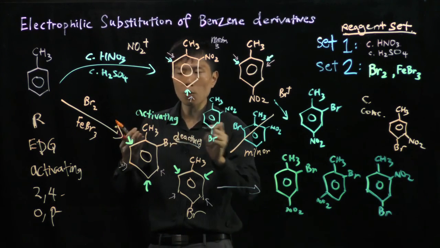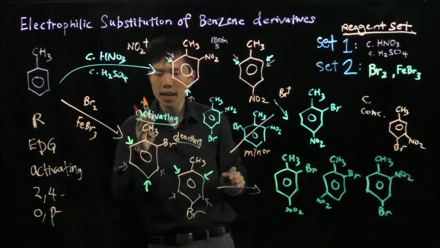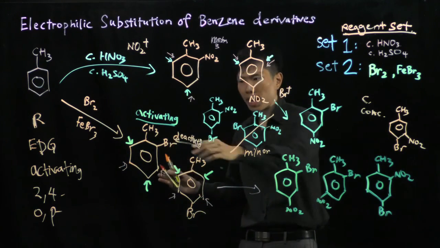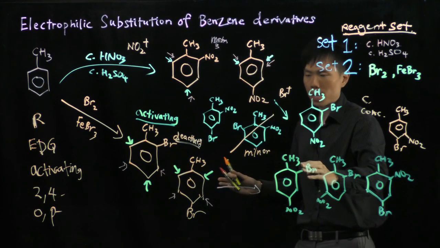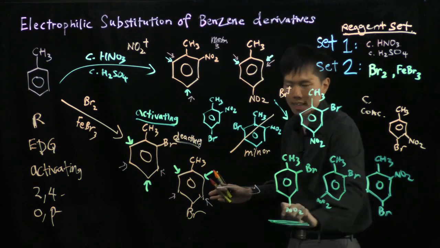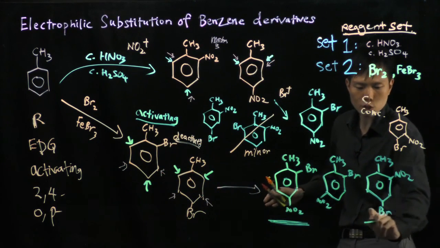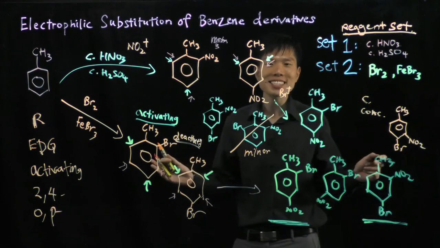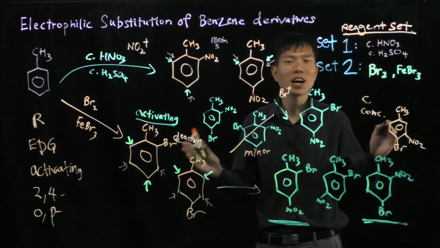So you listen to the one that helps you. So activating directs it, methyl group wins. Your major product in this case would be this one, the one that is underlined, as well as this one here. So that's our conclusion, and I hope you really understand what's going on here. If not, please revise this video again.